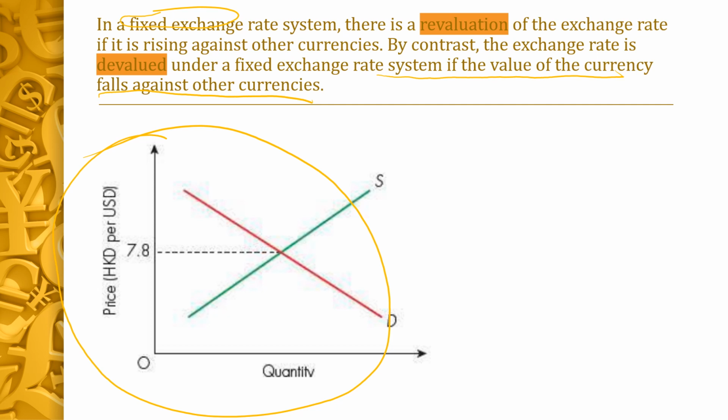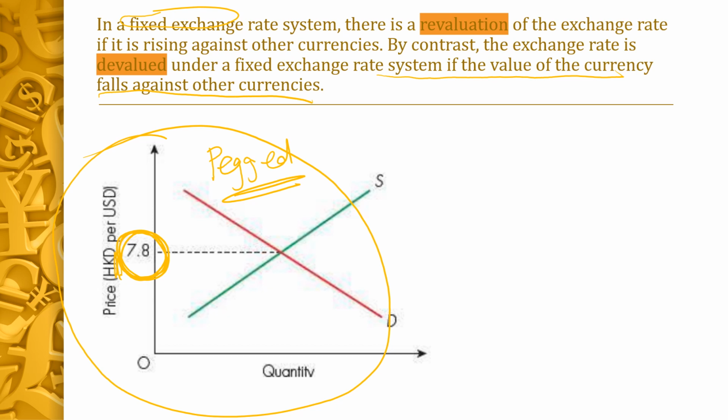A fixed exchange rate, you might sometimes see it called a pegged exchange rate. It is a type of exchange rate regime in which a currency's value is fixed by a monetary authority against the value of another currency. So there comes a new law from the central bank that makes sure the price of this currency is that much in terms of US dollars.